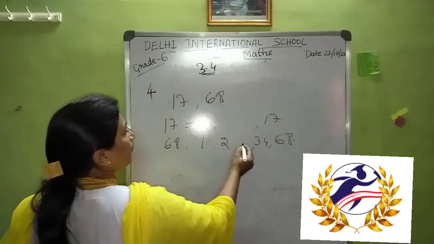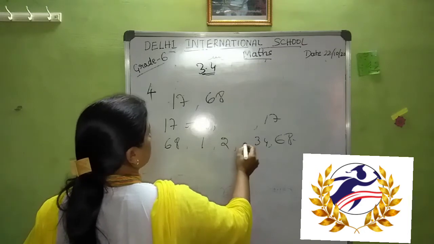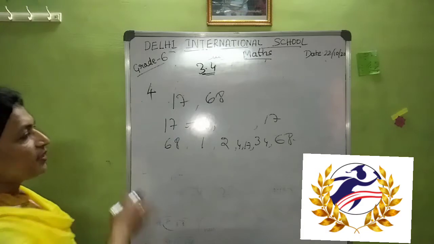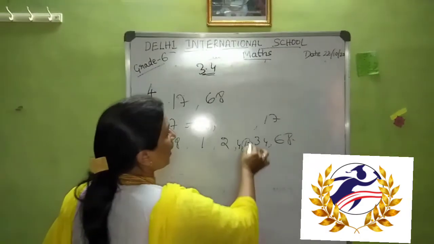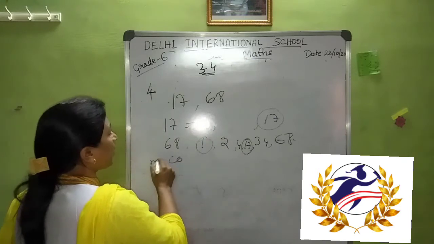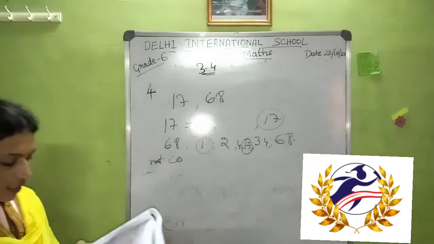Okay, so 17 4 17s, like this it goes on. There are two common factors in this, so it is not a co-prime. 17 and 68 are not co-prime.